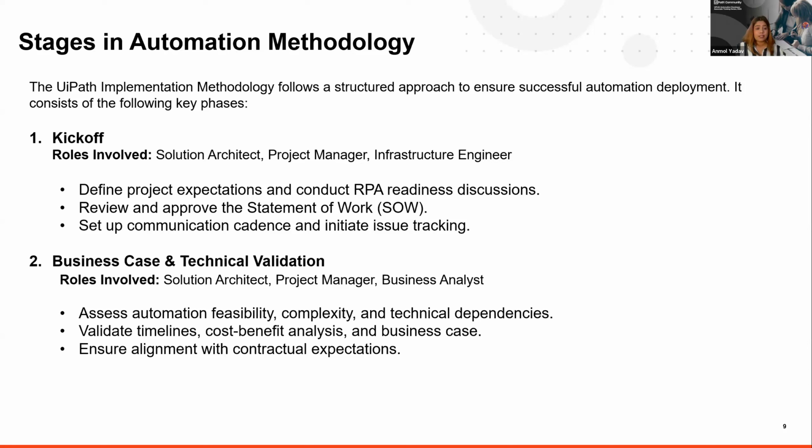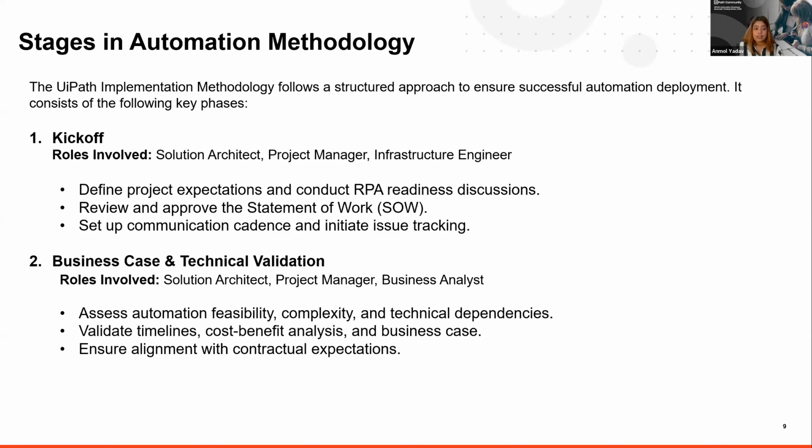Now, second is business case and technical validation. The roles involved here would be a solution architect and a project manager. And now, since the infra initiation has been done, we would have a BA here because we would want to validate the business case. The BA is going to validate the business case, and the solution architect is going to do the technical validation. The project manager would oversee to make sure all the things are met and met on time.